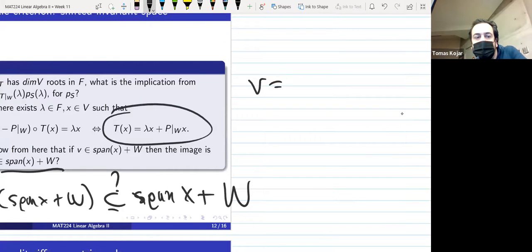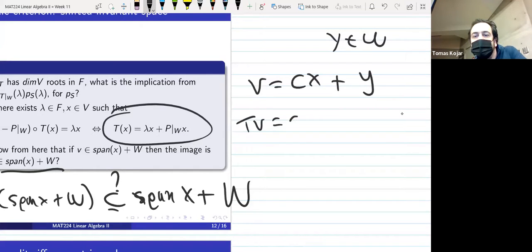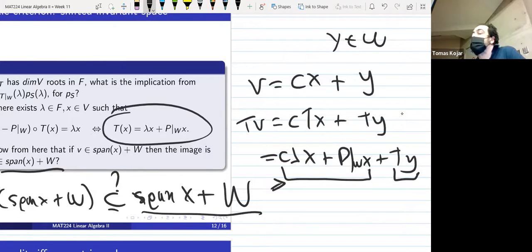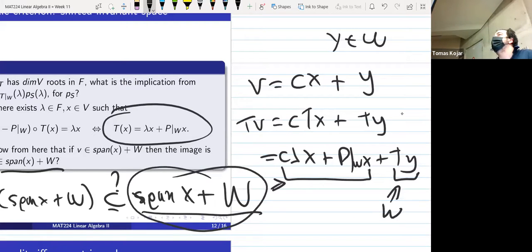So v is equal to cx plus y, y is in W. So you have Tv is equal to cTx plus Ty. And we just showed that this is equal to c lambda x plus P_W x plus Ty. This guy is in W plus span x, all this. So it's in here, right? But then W is T invariant, so this is also in W. So you get that the whole thing is in here.